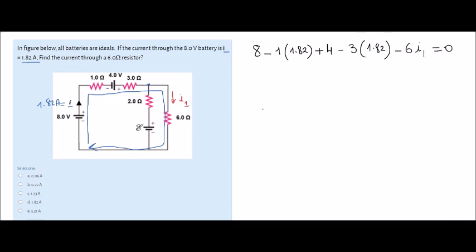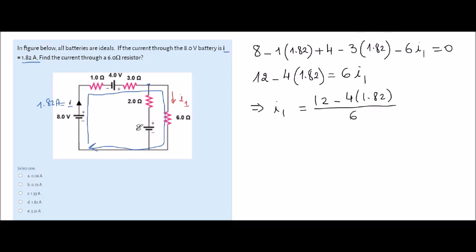If we arrange this, 12 minus 1 minus 3 minus 4, times 1.82, equals 6I1. So I1 is 12 minus 4 times 1.82 over 6. You use your calculator, you get 0.786, so the closest rounded answer is 0.79 ampere. Done.